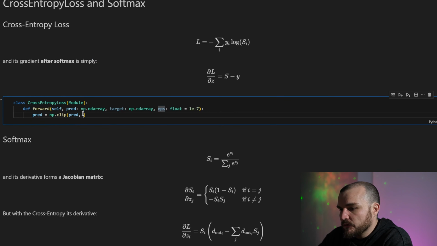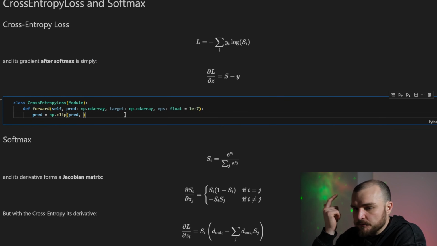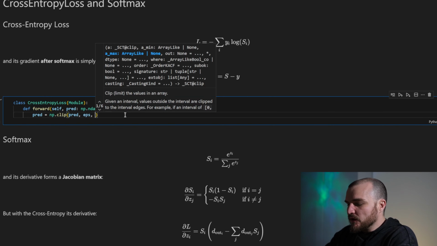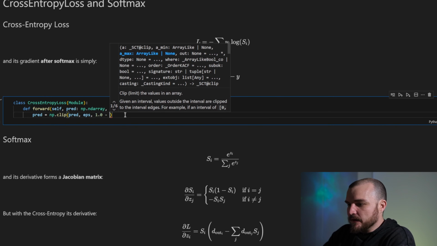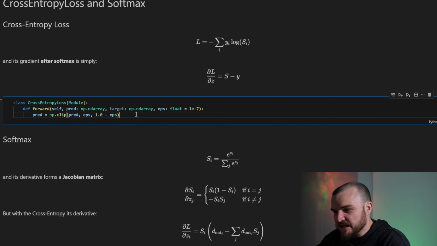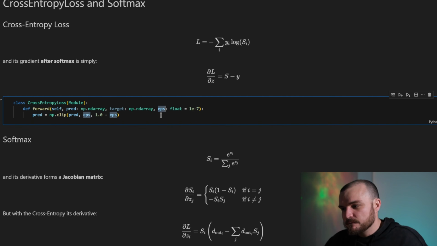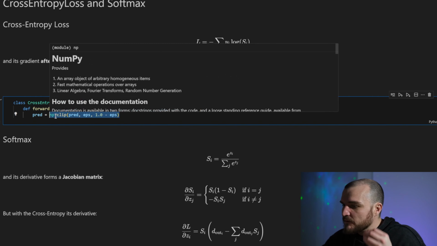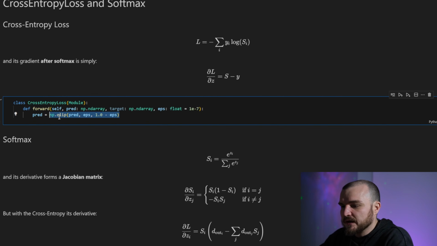Then we put the minimum value for our prediction, let's use epsilon, and for the maximum value we can use 1 minus epsilon. Epsilon is basically a very tiny value that we use to restrict the prediction to this possible range, just to avoid the log 0 case.